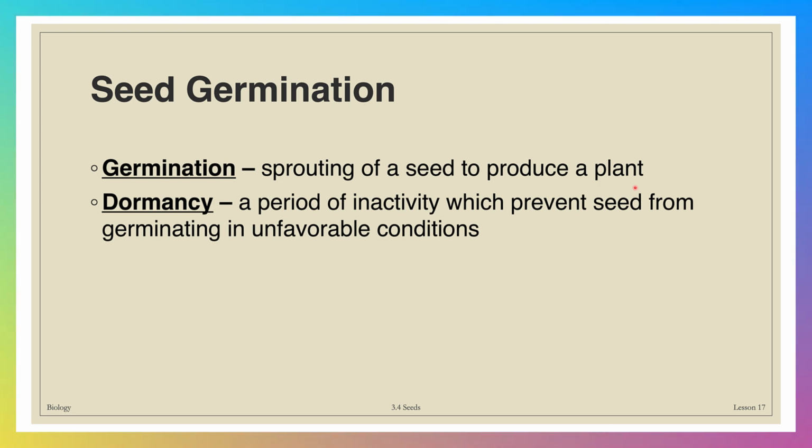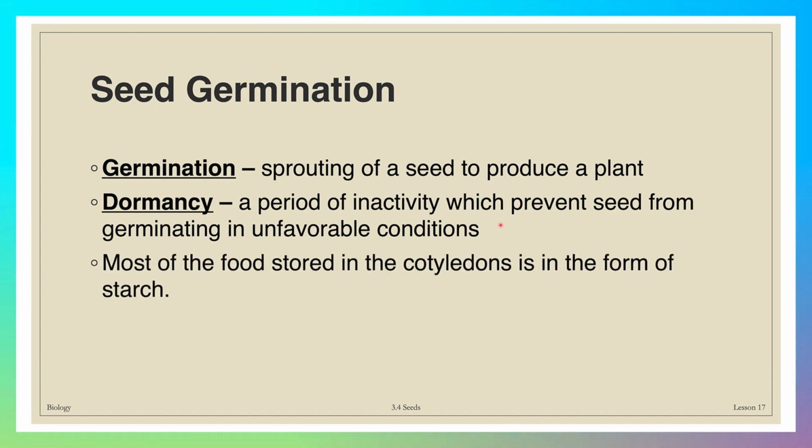Now seeds go through a period of dormancy, and dormancy is a period of inactivity, and this prevents the seed from germinating in unfavorable conditions. In other words, you want the seed to begin to grow the plant when the plant can actually survive. So if it's like 12 below zero outside, you don't want the germination to occur because the plant will die. And so dormancy is that period that prevents seeds from germinating at the wrong time.